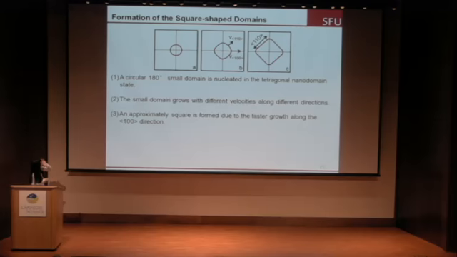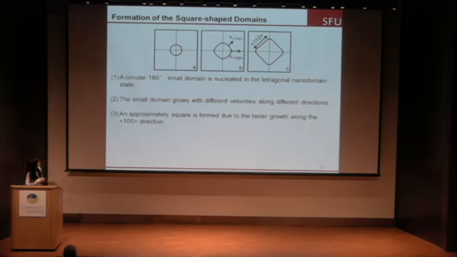For the formation of the square-shaped domains, our tentative interpretation is that a small circular domain is nucleated in the tetragonal nanodomain region, and then it starts to grow with different velocities along different directions.